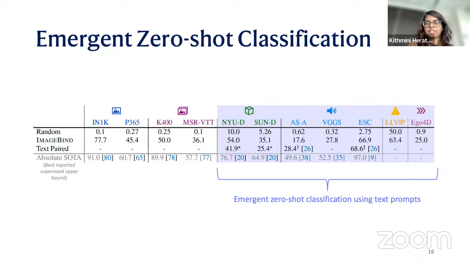From these results, they try to show how the model implicitly transfers the text supervision associated with these images to other modalities, both image based as well as non-image based like audio and IMU.